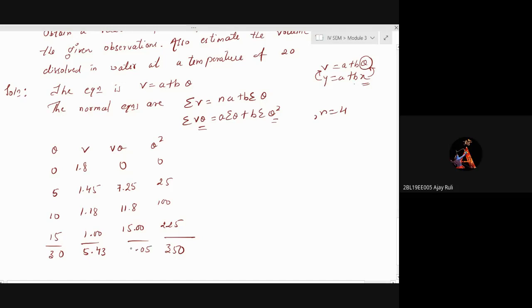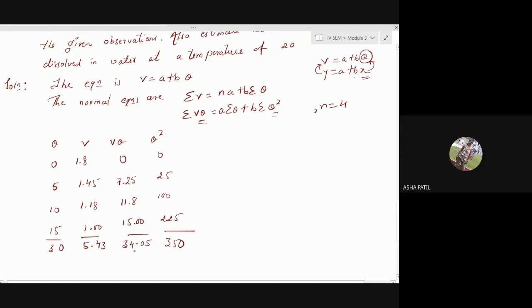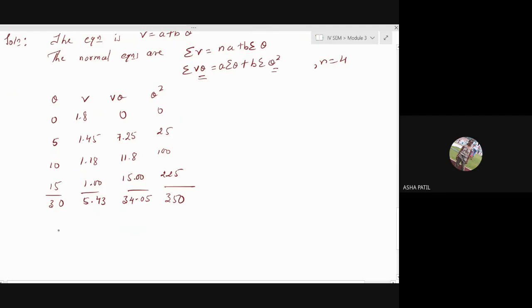34.05. Okay. Substitute them in the normal equations. Substituting in the normal equations: summation V is 5.43, N is 4.